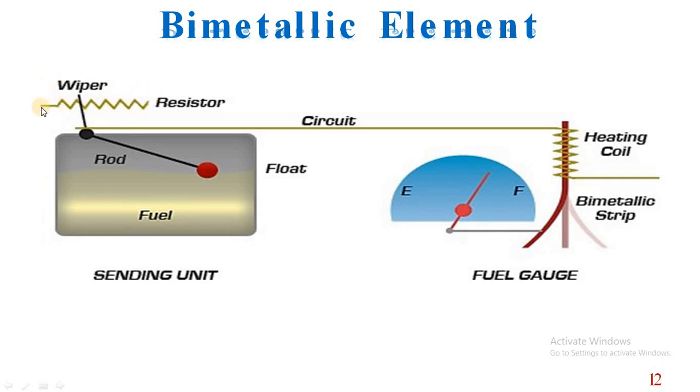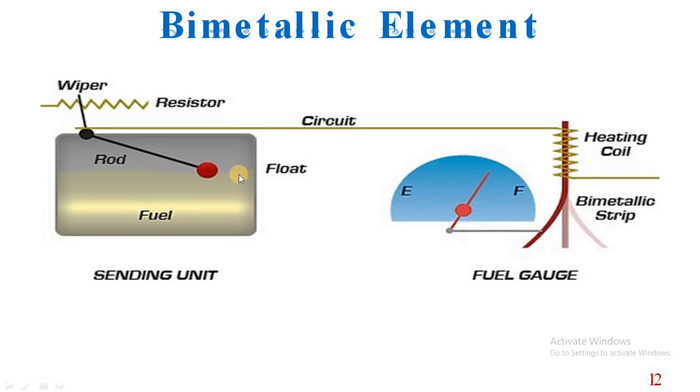Instead, this current will flow through the wiper, through this line, which will cause this bimetallic strip to gain more heat. As a result, if this strip gets more heated due to more flow of current, it will start bending as shown in this diagram towards the left direction, and the movement of this bimetallic strip will cause this indicator to move towards the full indication.